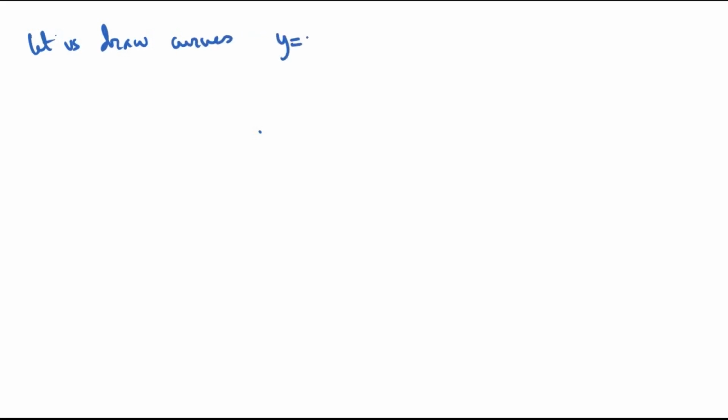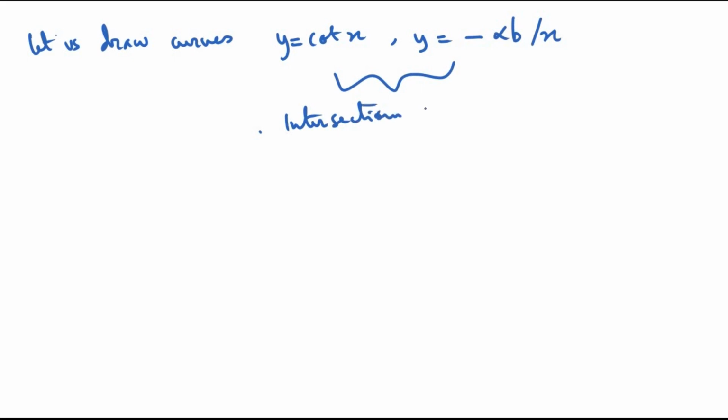Y is equal to cot x and y is equal to minus alpha b by x, and the intersections will give solutions for the relation that we previously obtained, that is x cot x is equal to minus alpha b, right?